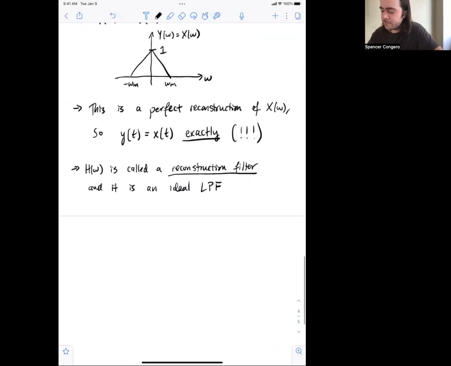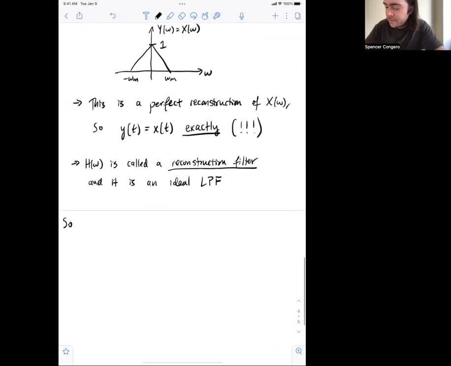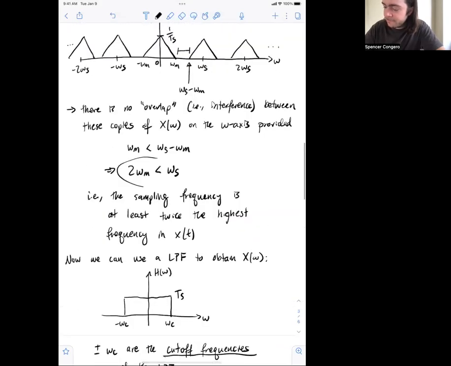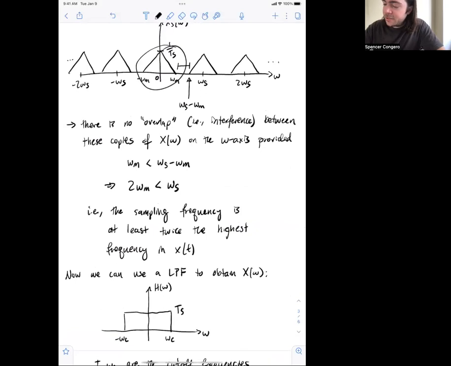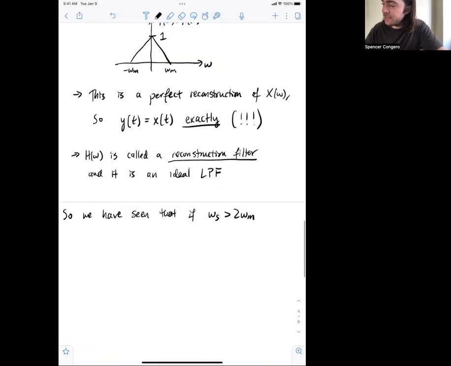All right, so I want to go back to one of those conditions we saw. We have seen that if our sampling frequency is at least twice the max frequency, we saw that right here, then these triangles are spread far apart enough that we can fit a low-pass filter in and extract one perfect copy of our original Fourier transform.